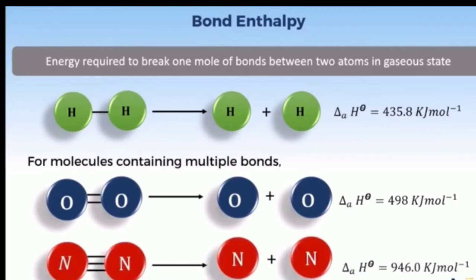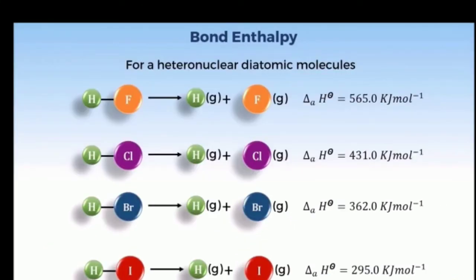Next, bond enthalpies of some heteronuclear diatomic molecules are given. Heteronuclear diatomic molecules means molecules consisting of two different atoms. For example, HF molecule, hydrogen fluoride molecule, the energy required to break the single bond between hydrogen and fluorine is 565 kilojoule per mole.